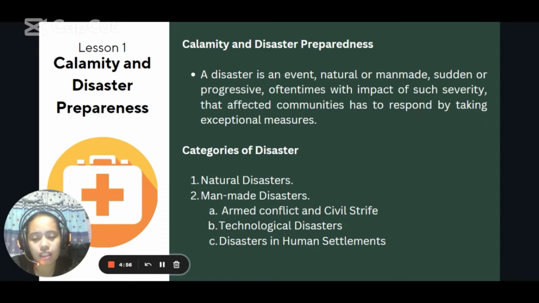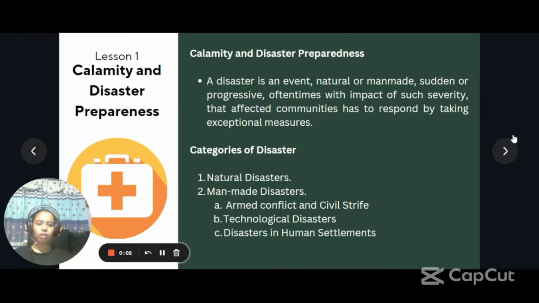Next is disaster in human settlements. So, kansha is a natural hazard such as earthquake, landslide, windstorm, and floods are considered disasters according to the level of disruption they can cause to the human populations, to the built environment or natural ecosystem.